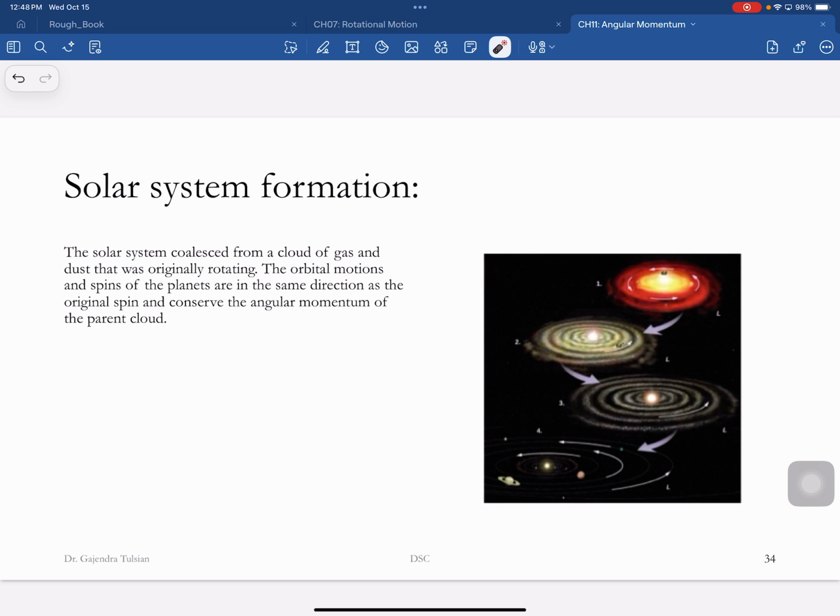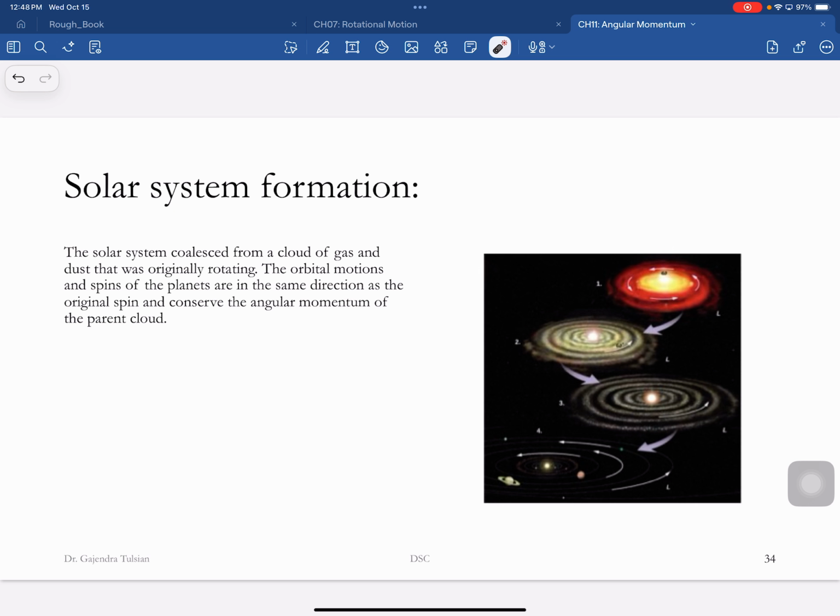The angular momentum of that cloud has been the same for 5 billion years. Now the angular momentum is in the spinning sun. The sun is spinning about once a month, and the planets are going around. It's mostly in the spinning sun. The sun has 98% of the solar system mass.